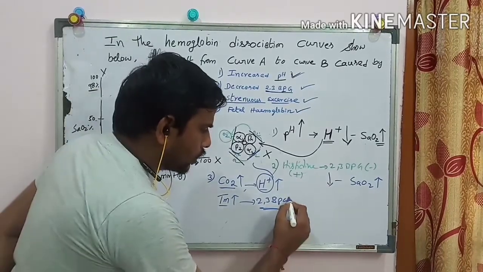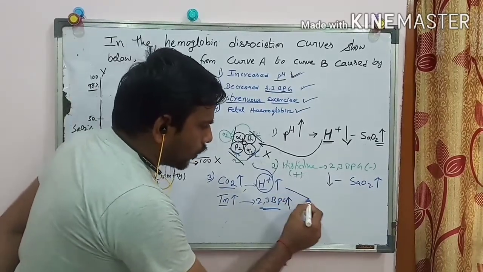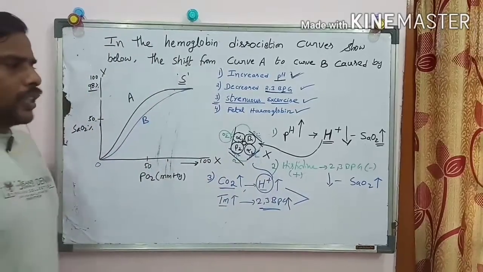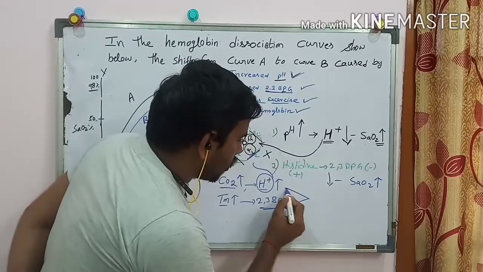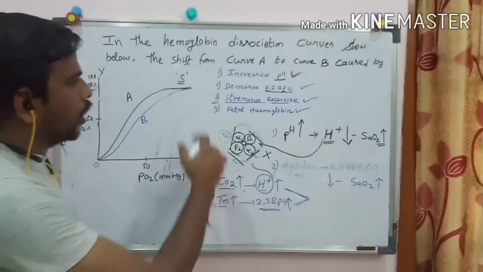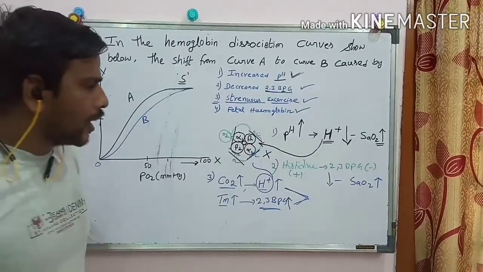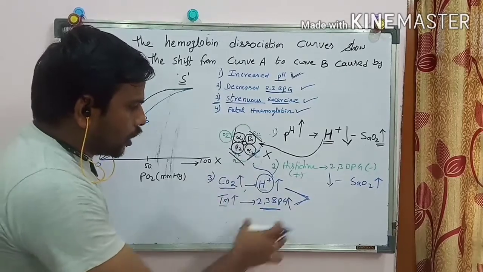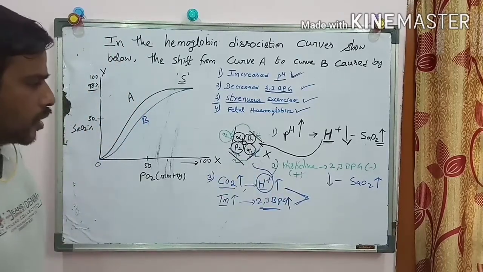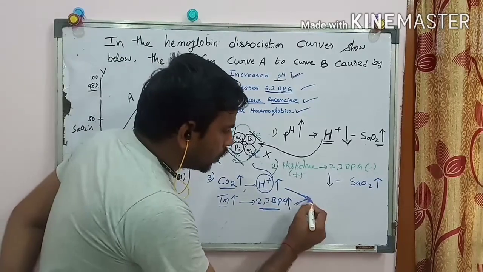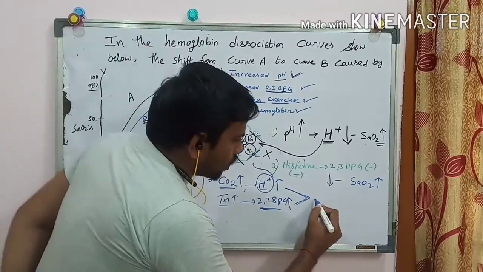Now when this concentration increases, all these factors cause a decrease in the saturation levels. All these reasons, as you know, when a person is doing strenuous exercise, you can see the production of all these components in the blood where tissues are present in the muscles. Now it can decrease the saturation levels.